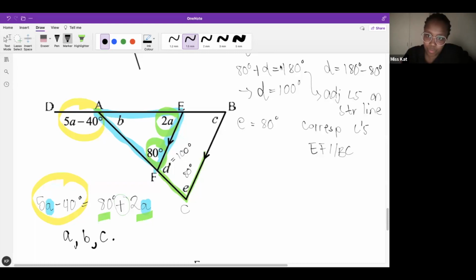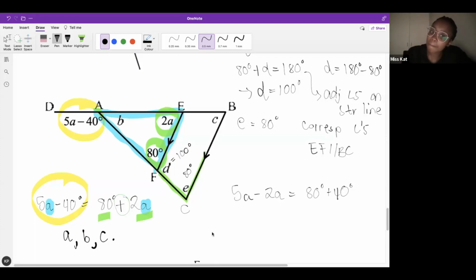Okay, so I went 5a minus 40 equals 80 degrees plus 2a. Mm-hmm. And then I went 5a minus 2a equals 80 degrees plus 40. Mm-hmm.